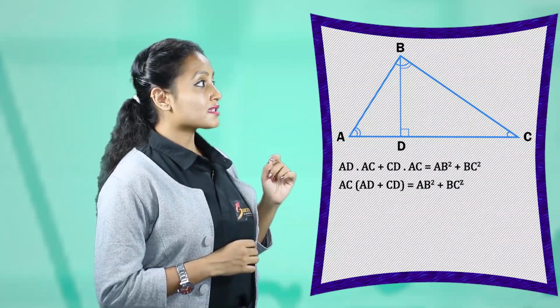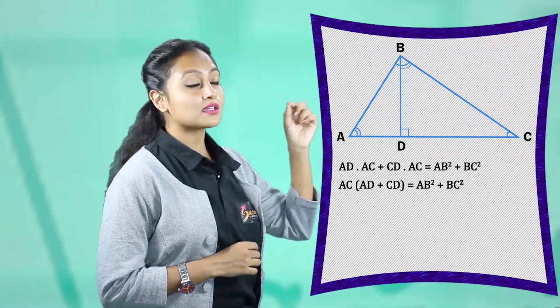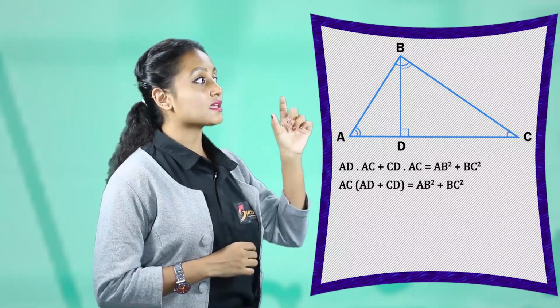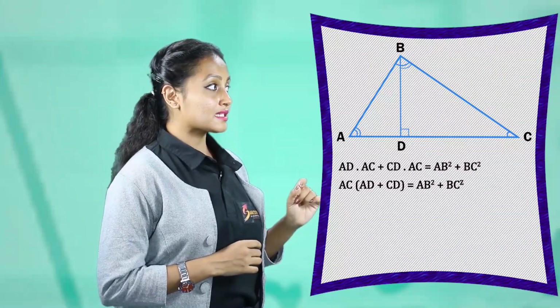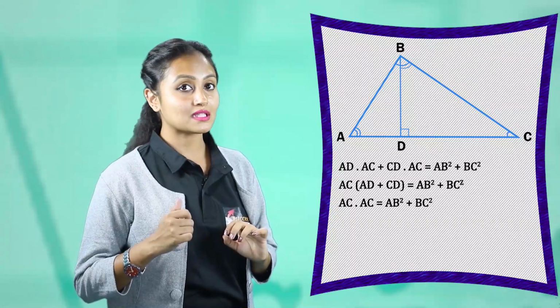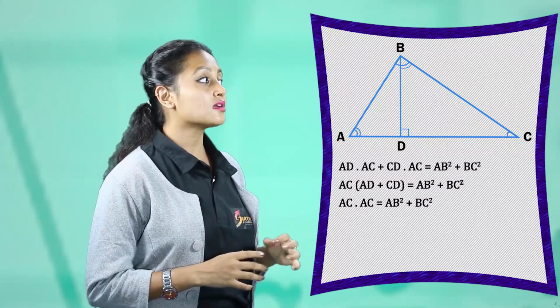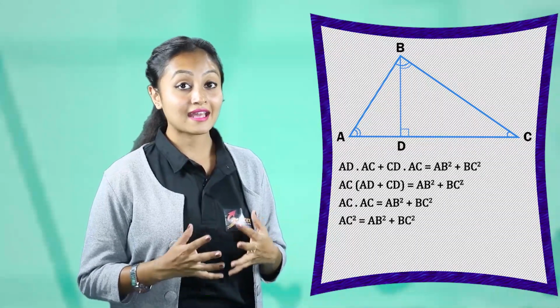Since AC is divided by D, AD plus CD will form AC. With this, we can say that AC dot AC is equal to AB square plus BC square, which is nothing but AC square is equal to AB square plus BC square. Hence, the Pythagoras theorem is proved with the similarity of triangles.